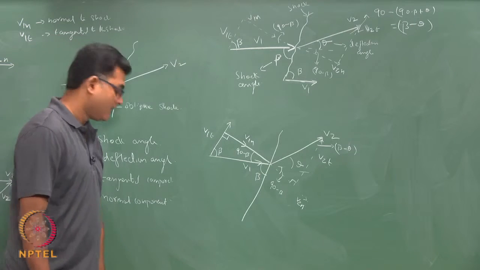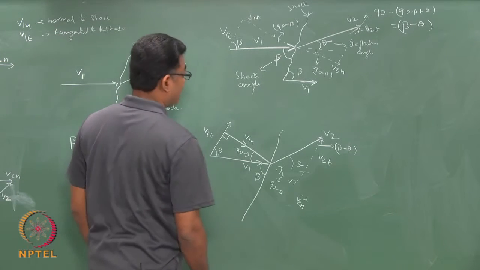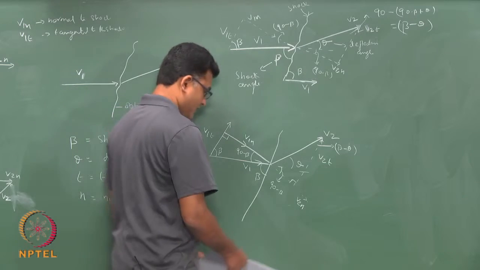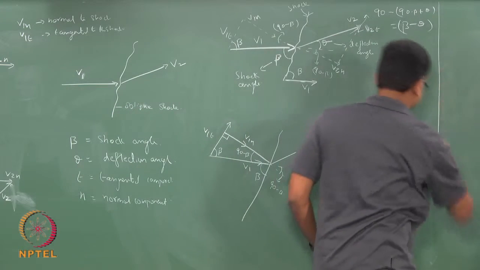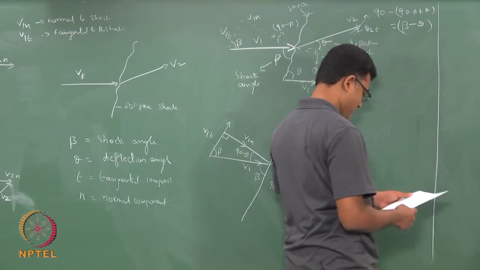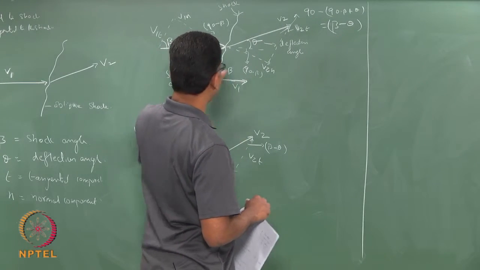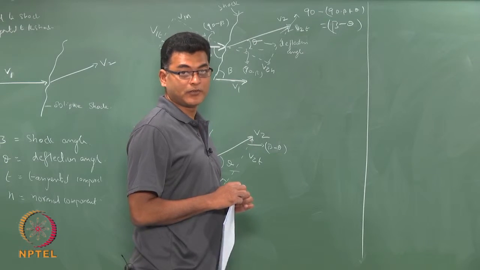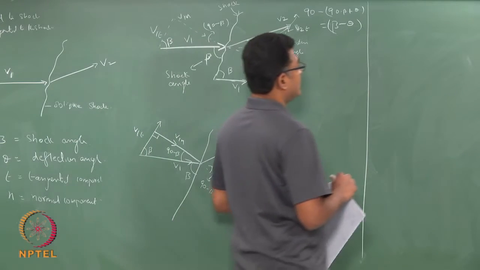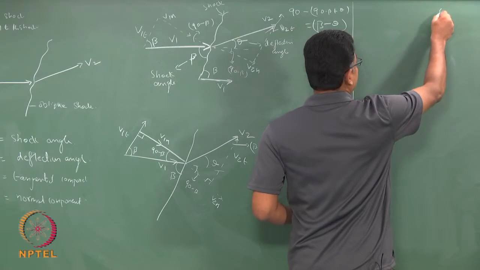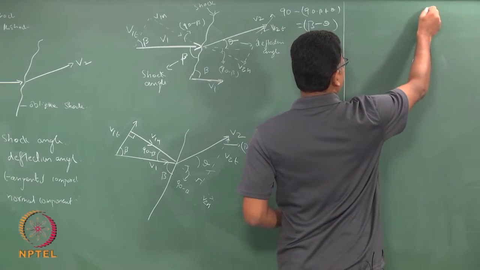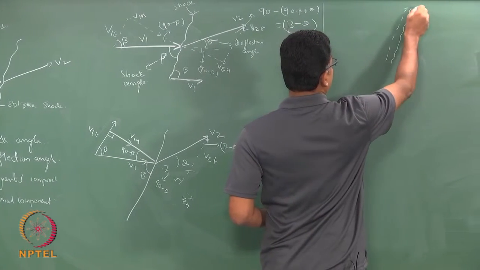Okay. Now, once we have this, we will apply our continuity equation and energy equation across the shock, like we have done for the normal shock. Okay. So, I have a normal shock, I take a control volume here.